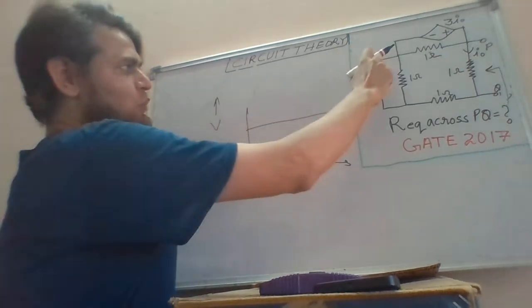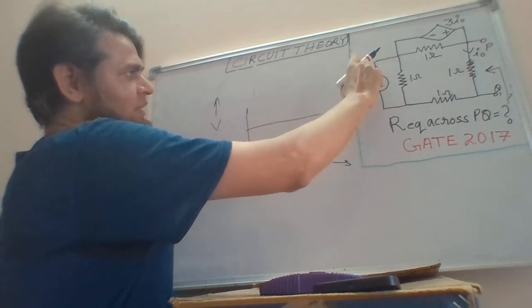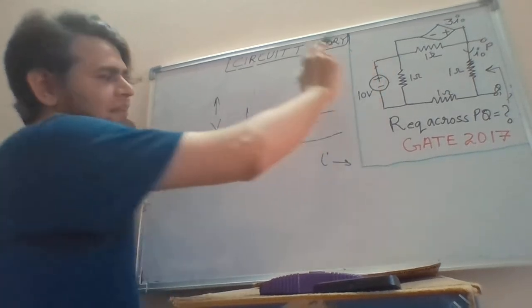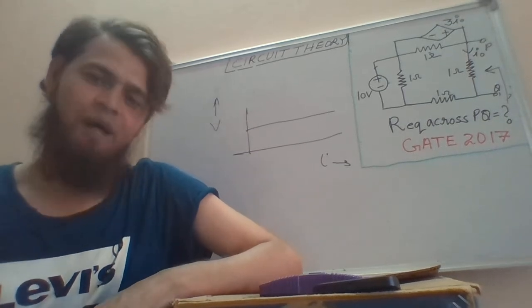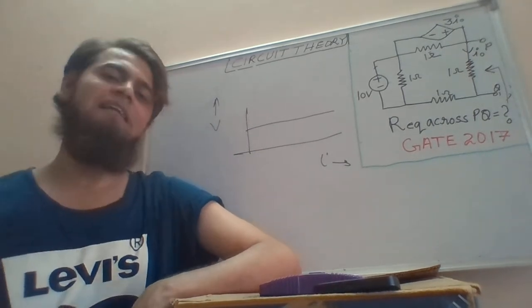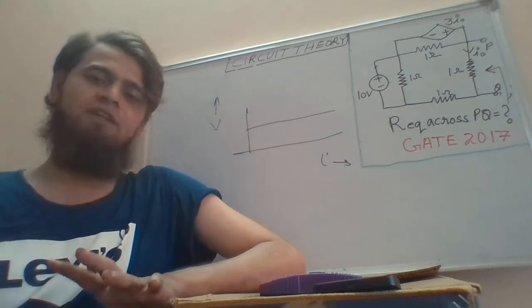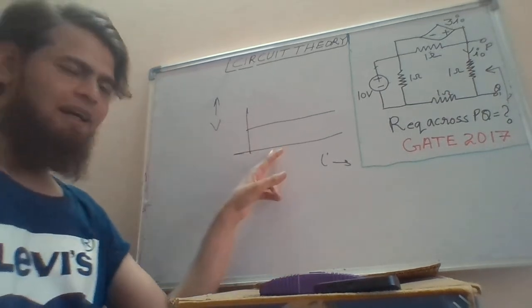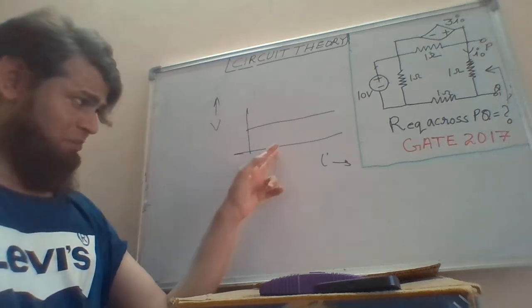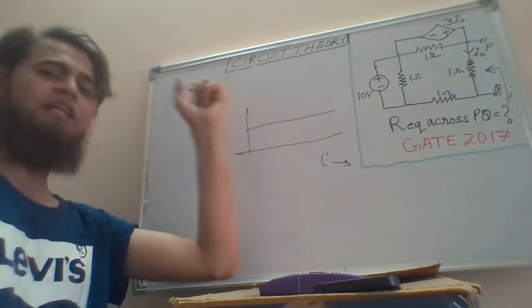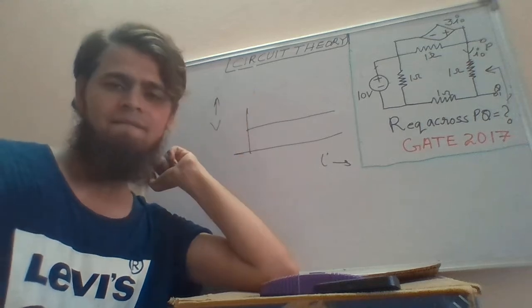And what would you like to say about this kind of behavior? Well, would you call this behavior linear? I don't think so. If you double the current, is the voltage doubling? No. If you make the current 5 times, is the voltage getting 5 times? No, not at all.